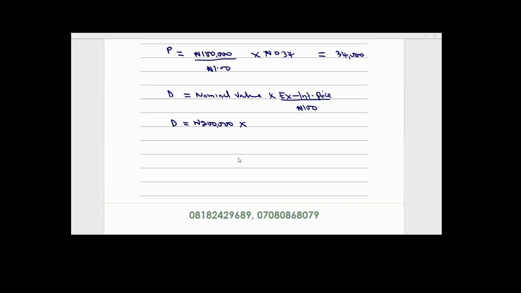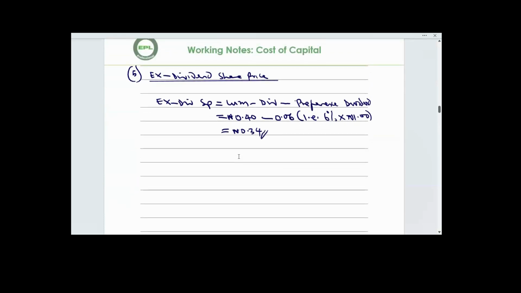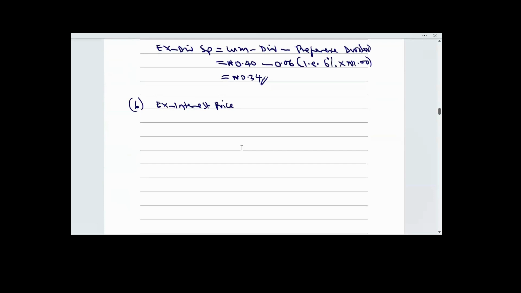So working number 6. I want to calculate X int price. You can see the way we abandon the calculation since we have to come and do all these workings. So that's what is expected of you.